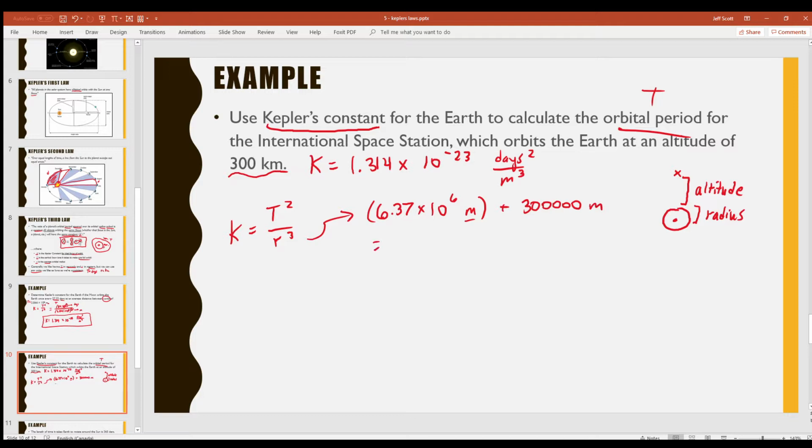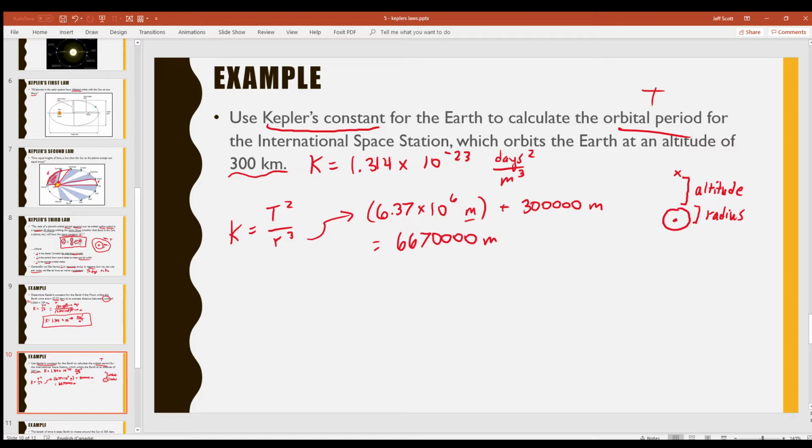If you add those two together, you're going to find that our orbital radius in this case is 6,670,000 meters.